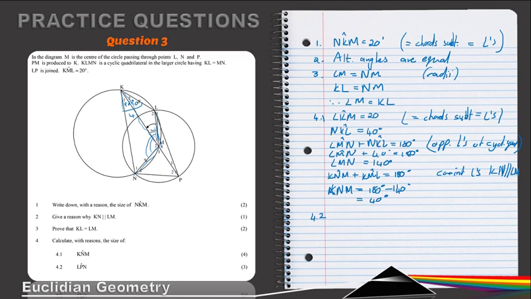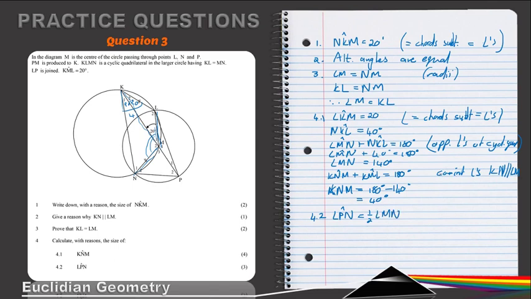So LPN. Once again, in the smaller circle, we can see that this angle LMN subtends at the center of the circle and then also to the circumference. So that means that LPN is half of LMN.